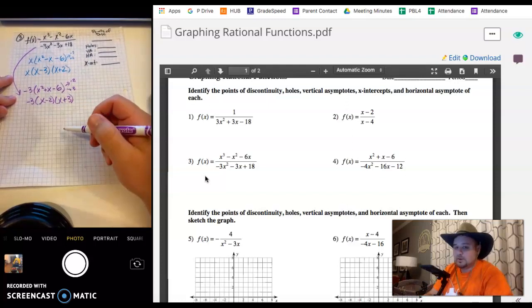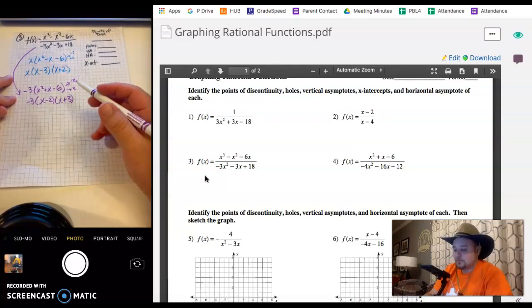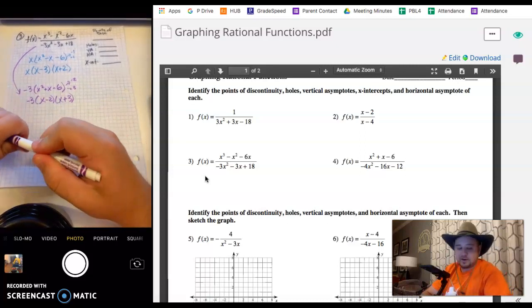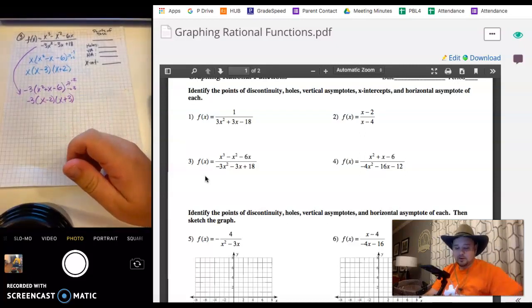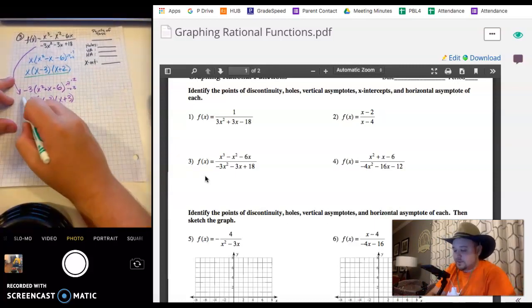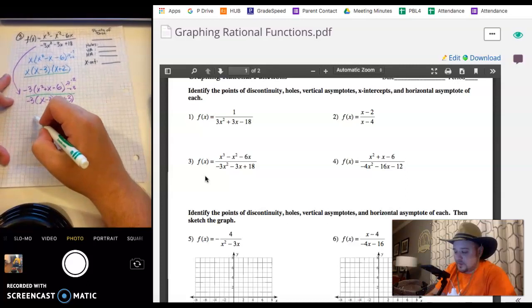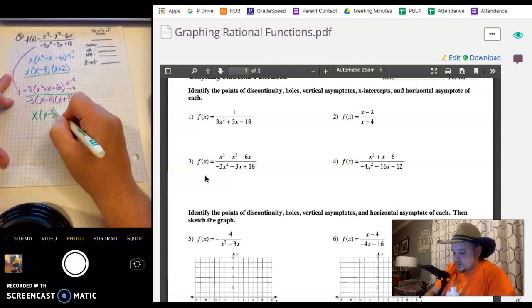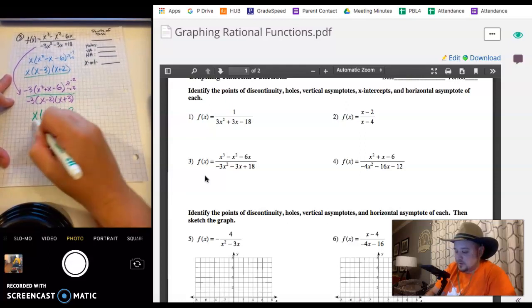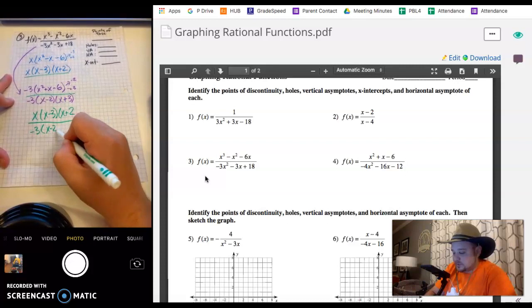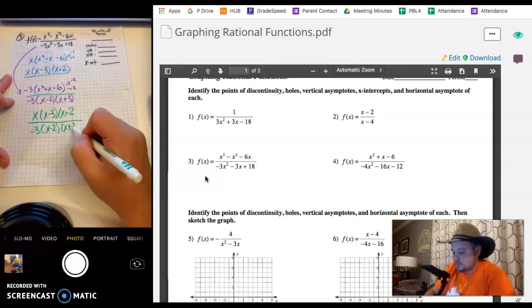Okay, so let's see if there's anything that we can take out. My numerator factored out was this one, and this is my denominator. So let's write that out. That's going to be x times (x - 3) times (x + 2), over -3 times (x - 2) times (x + 3).